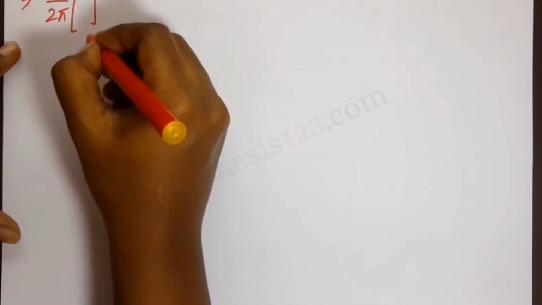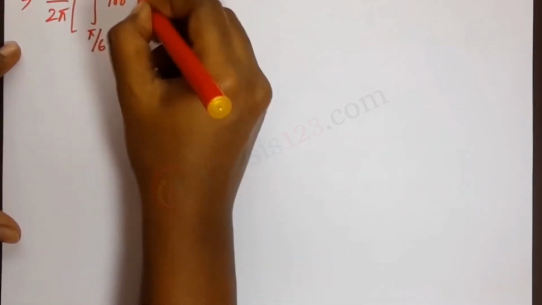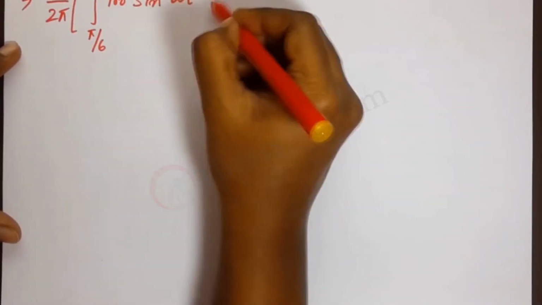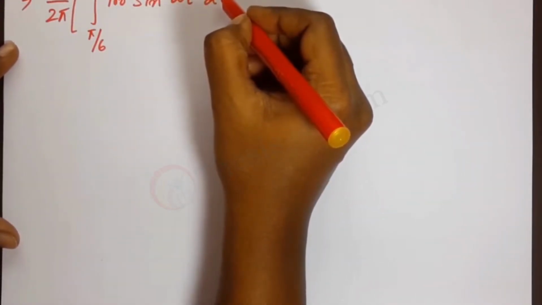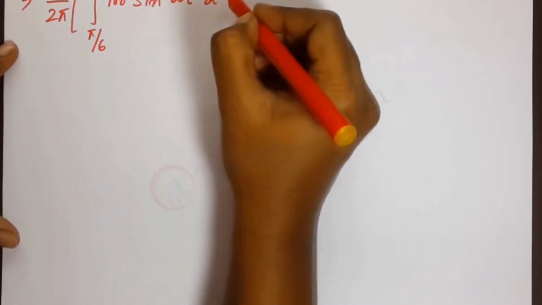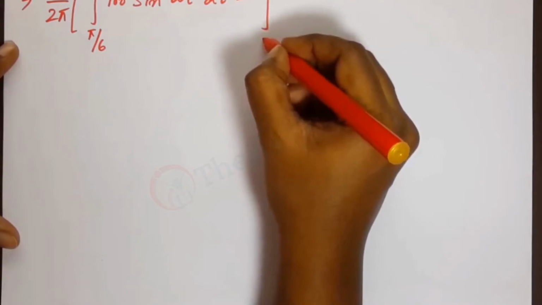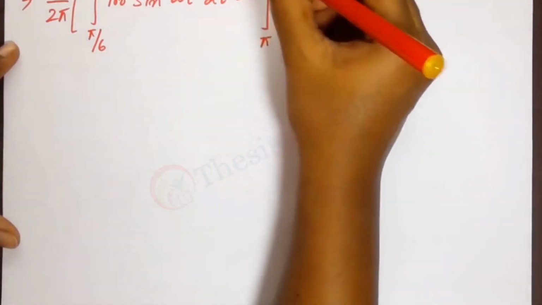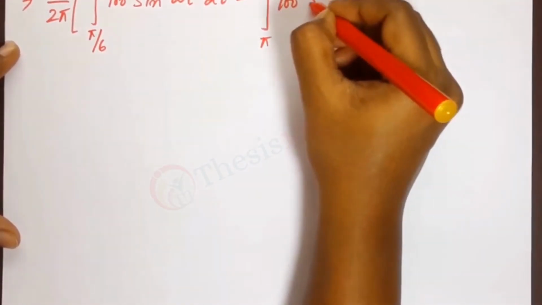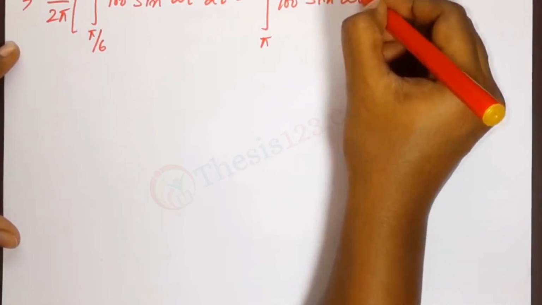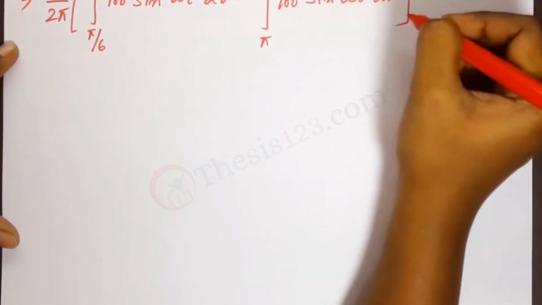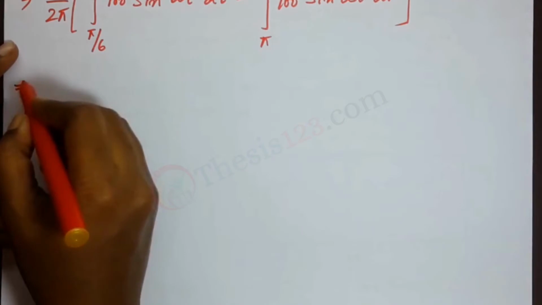So this is integral pi by 6 to pi 100 sine omega t dt, minus integral pi to 2 pi 100 sine omega t dt. Okay, next step.